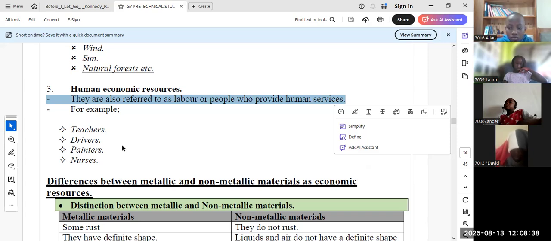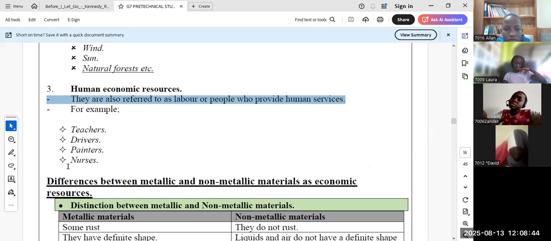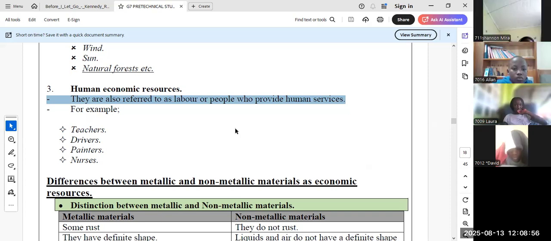Are we together, Zanda? Yes. Zanda, what have I said? Not human. What have I said, Zanda? We are talking about human economic resources. David, what have I said about human economic resources?